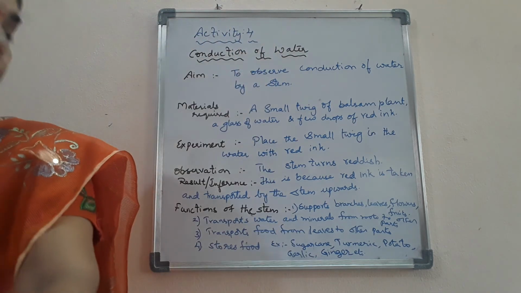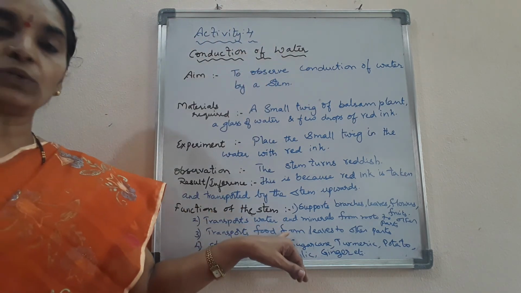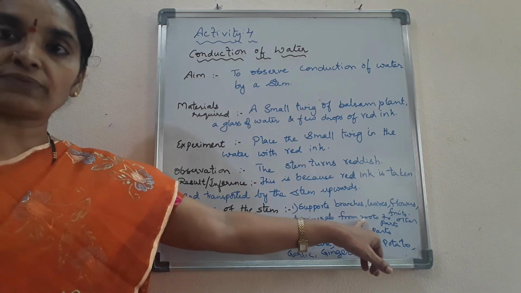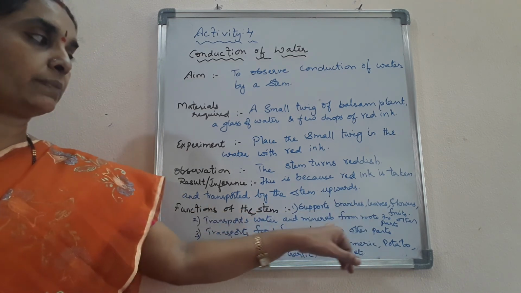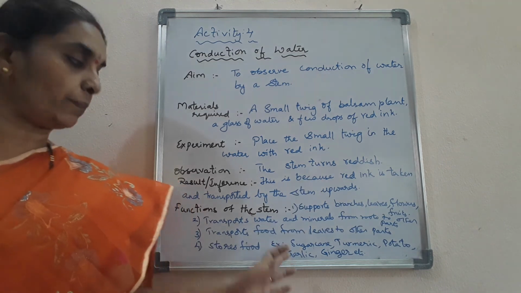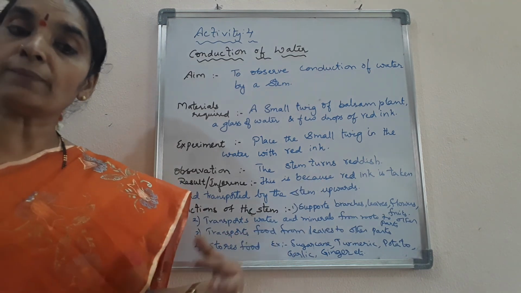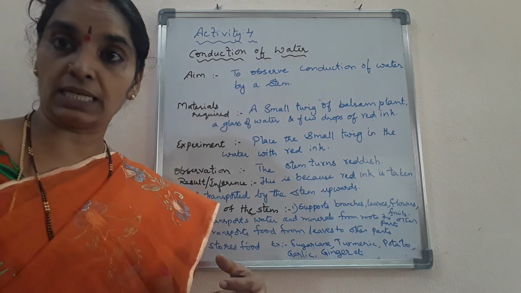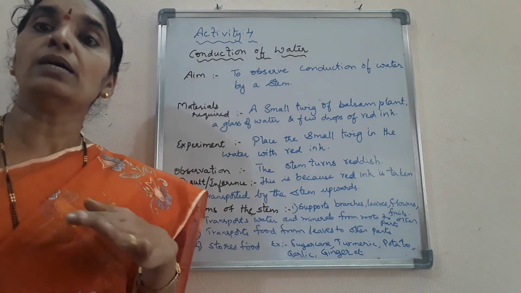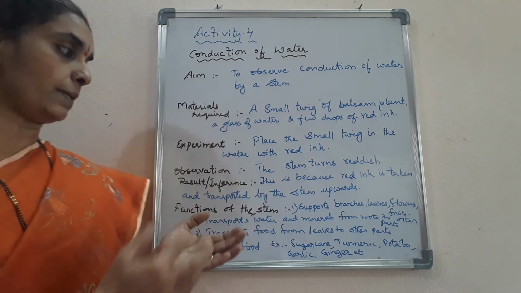Yes. Next, coming to the functions of the stem, you write down: supports other parts of the plant, transports water and minerals from the roots to the other parts of the plant, and transports the food prepared by the leaves to the other parts of the plant.